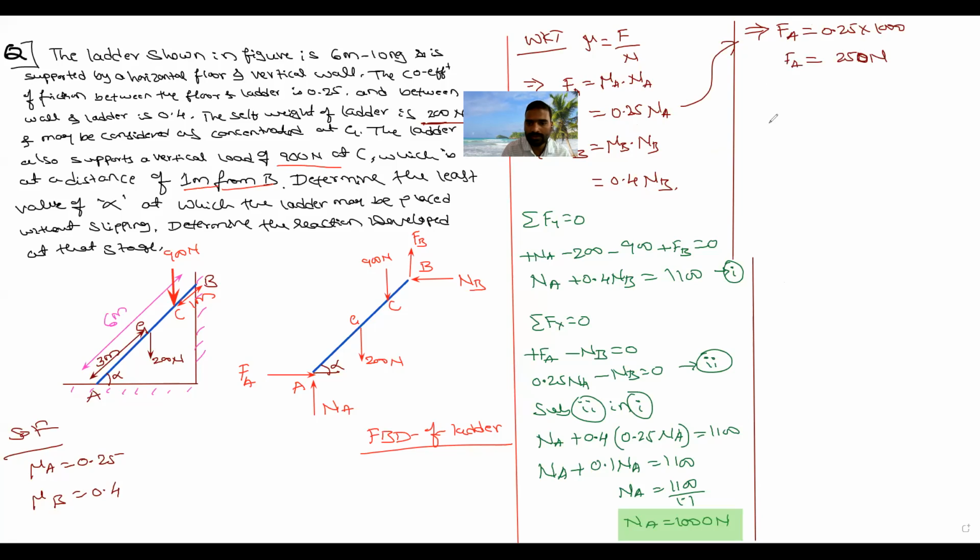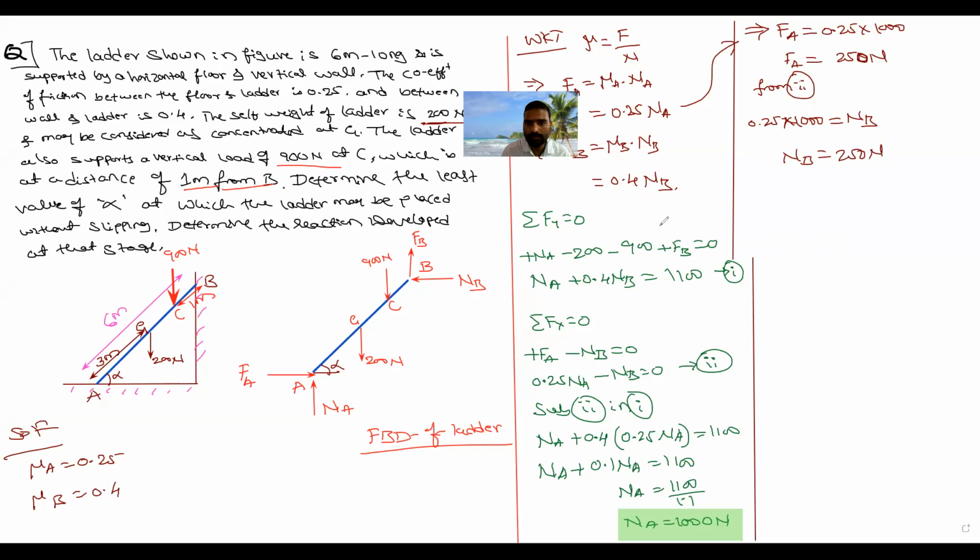Next, once you know the value of NA, substitute in equation number 2. So from 2, substitute 0.25 into NA, NA is equal to 1000. So NB is equal to 250 Newton.